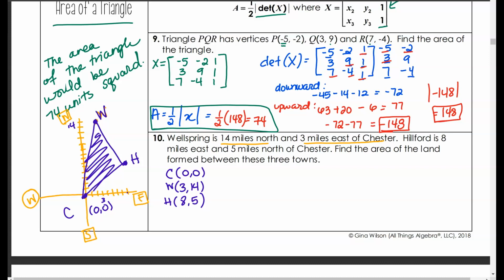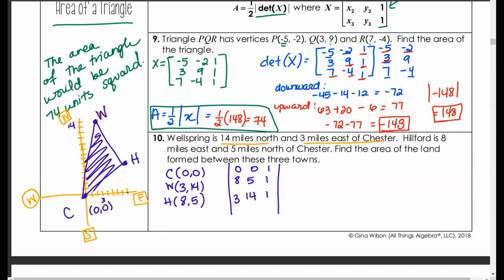Now let's go ahead and create our matrix. So our matrix then is going to be x1, x2, and then 1. So I'm going to have 0, 0, 1, 8, 5, 1, 3, 14, 1. Does it matter how I wrote the points? No, we'll still get the same answer.